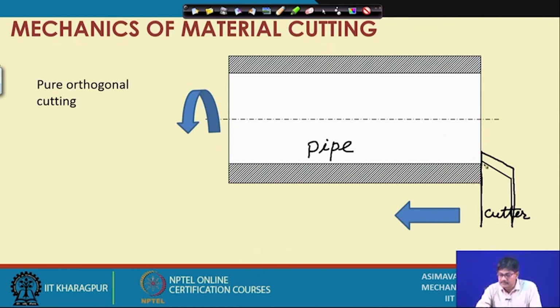So, this material will be coming out straight, and there is no contribution of the auxiliary cutting edge. Hence, we say that effect of auxiliary cutting edge is completely absent here. So, pipe cutting, and also we will notice here phi is equal to 90. So, lambda is 0, phi is equal to 90, and there is no contribution from the auxiliary cutting edge. So, this sets the stage for the consideration of pure orthogonal cutting.